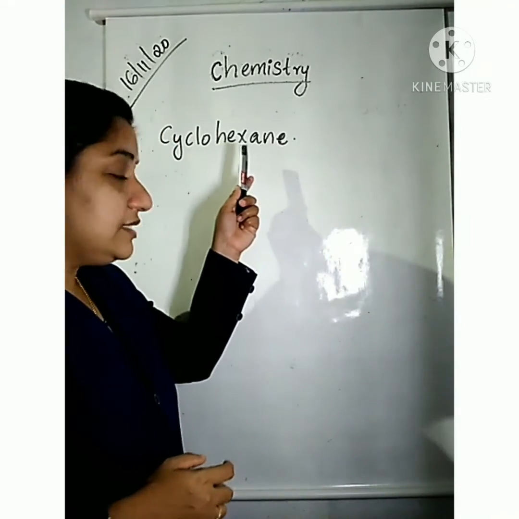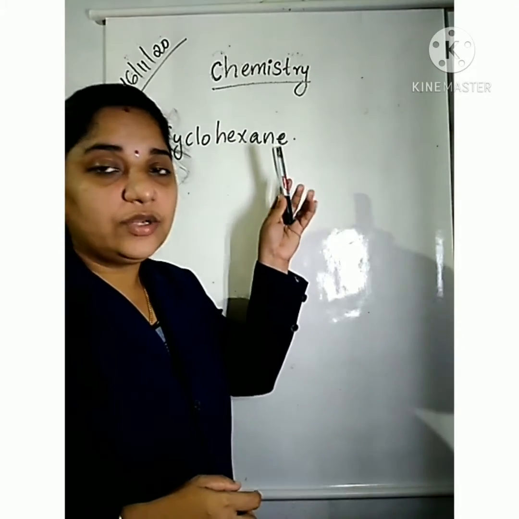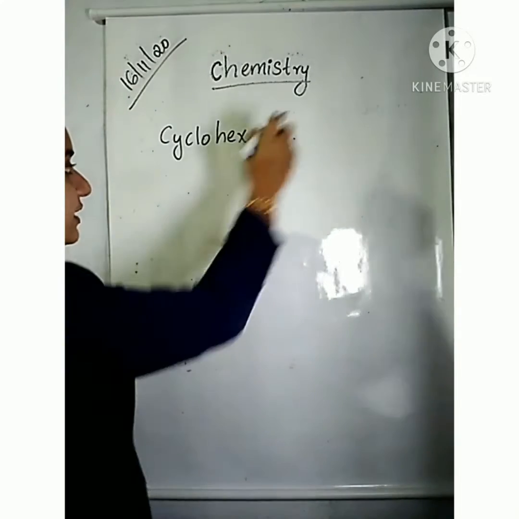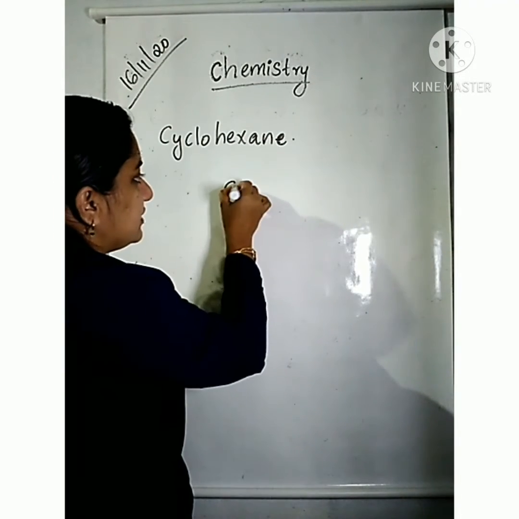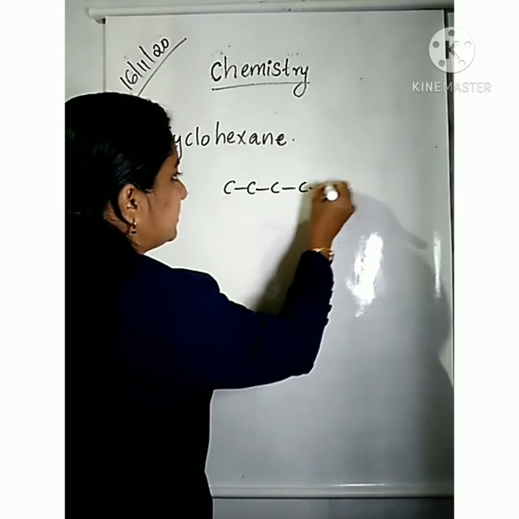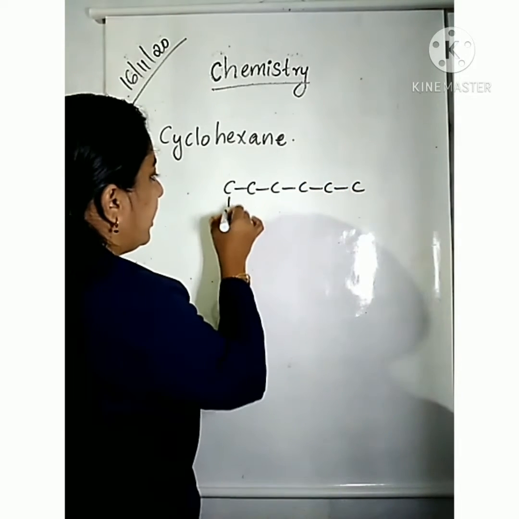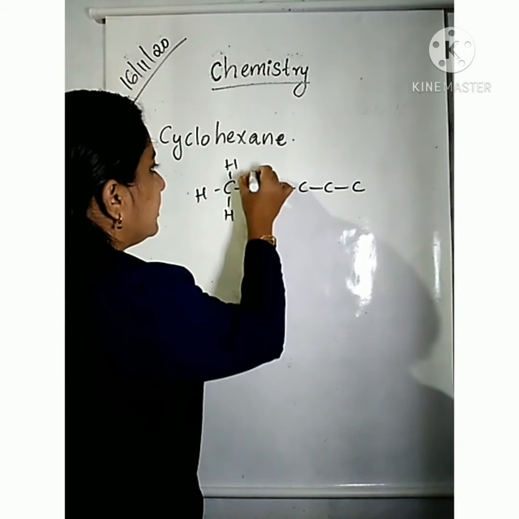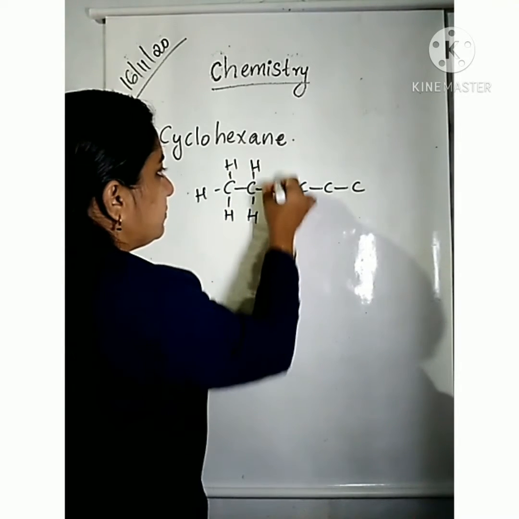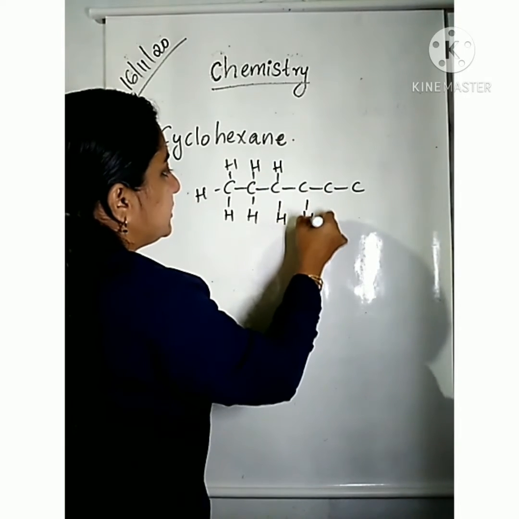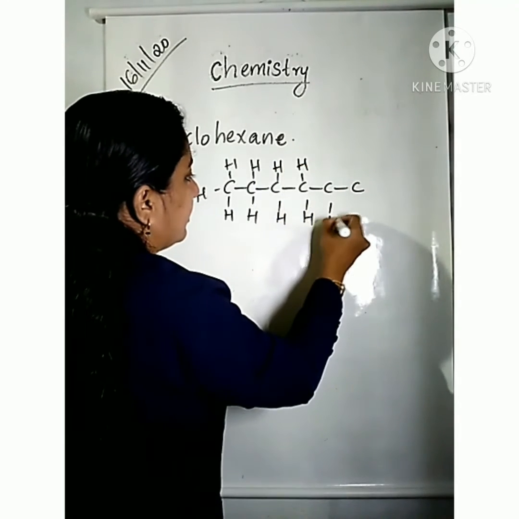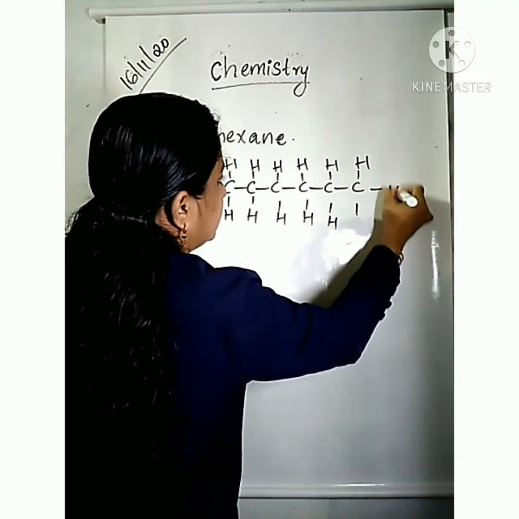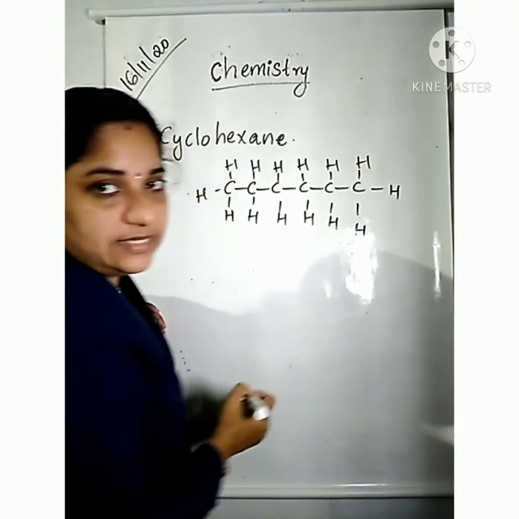It is also an alkane, so it only contains single bonds. 6 carbon atoms are present in that compound, and each carbon atom satisfied its valencies by adding hydrogen atoms.